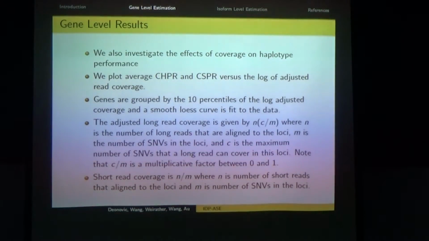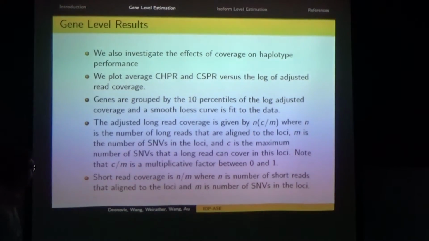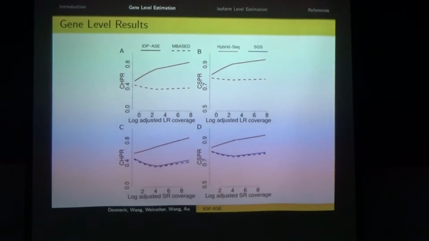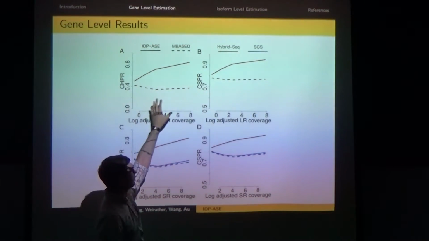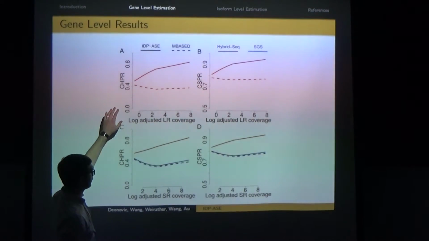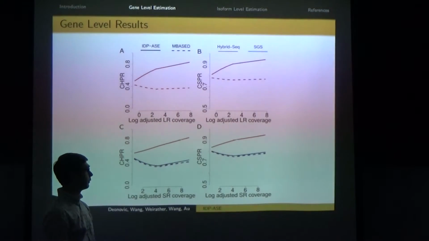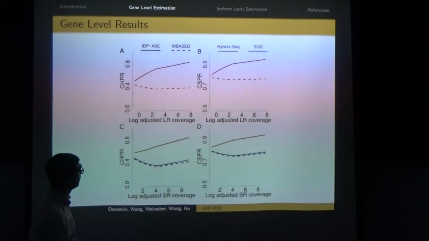So in the next two plots, genes have been grouped by the 10 percentiles of the log-adjusted coverage, and a smooth lowess curve is fit to the data. Here on the top, we have long read coverage in the first row, and short read coverage on the bottom row. And the CHPR in the first column, CSPR in the second column.